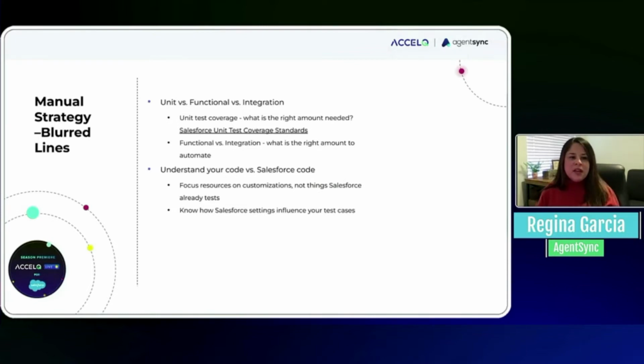Some of the blurred lines that we're experiencing are: what's unit testing, what's functional testing, what's integration testing, and what's the right amount of coverage we should be using. Luckily for us, the Salesforce platform already sets a standard of coverage before you can even push your code into the application, and so we already have a standard of 70% set there.